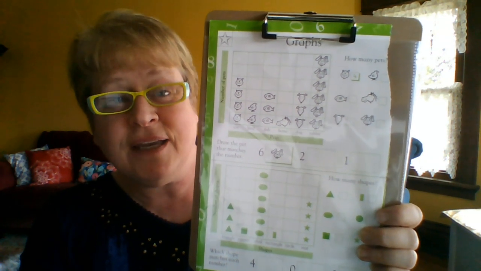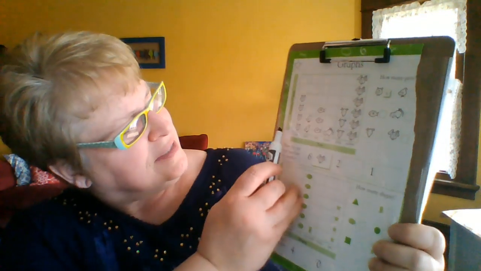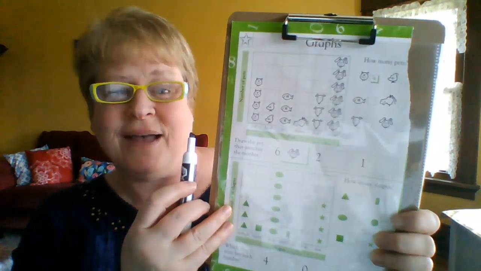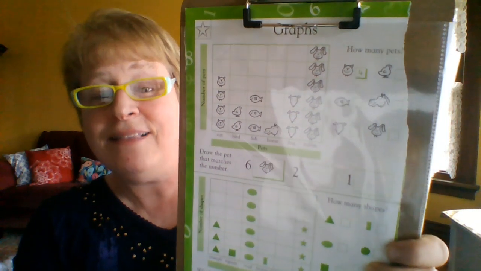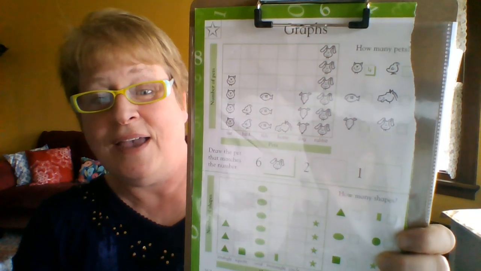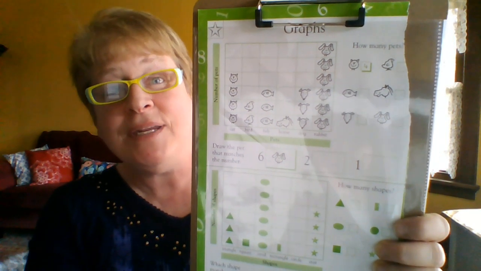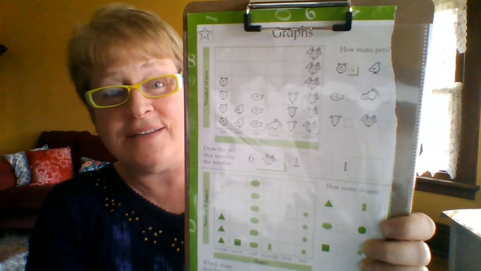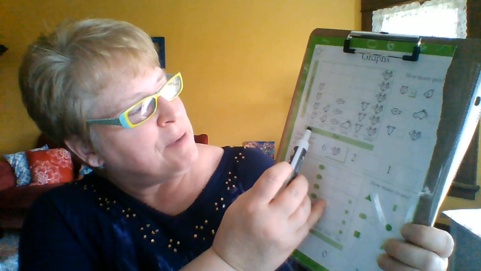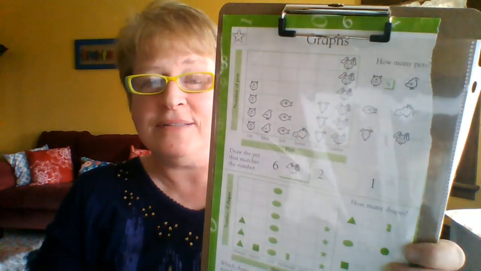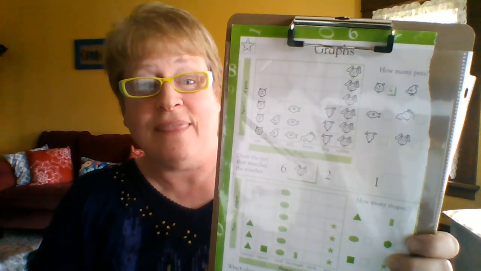It says the number of pets is what it's telling us, or it's asking us how many pets of each kind there are. And then at the bottom it says the pets, and then it names the pets. We want to count them.